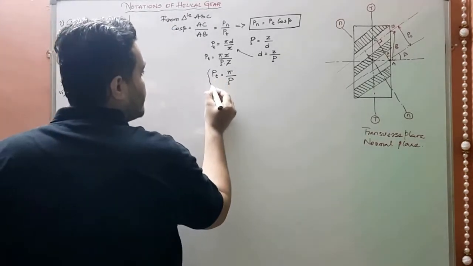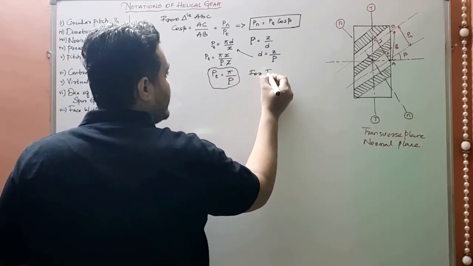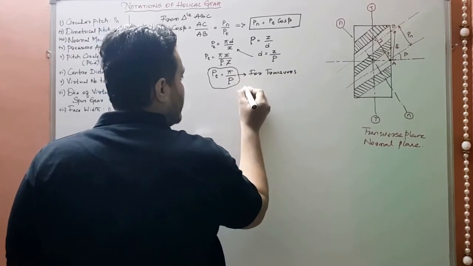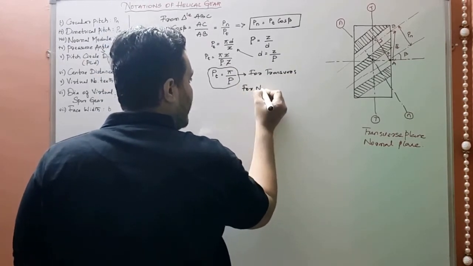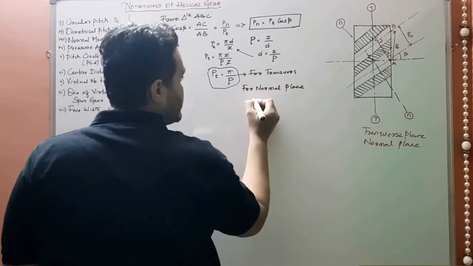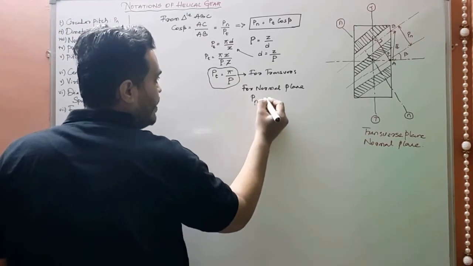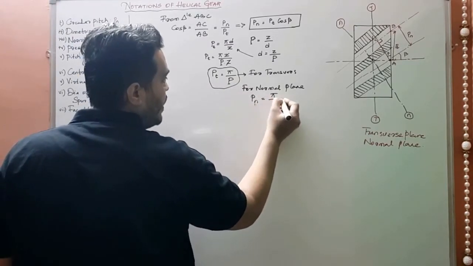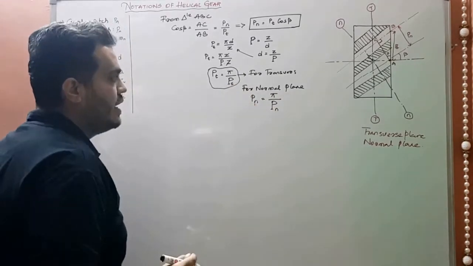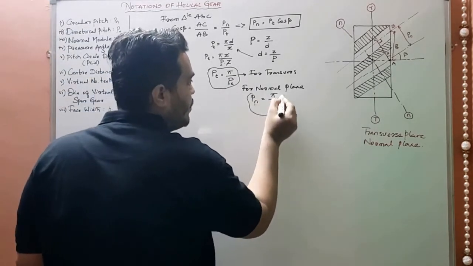So this is for the transverse plane. For the normal plane, just replace T by N, so Pn is equal to pi by capital Pn. This you need to consider as the transverse plane Pt, right?